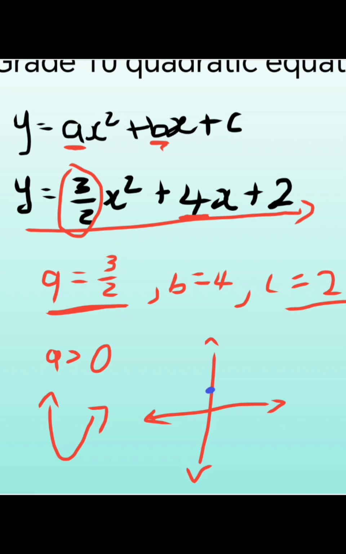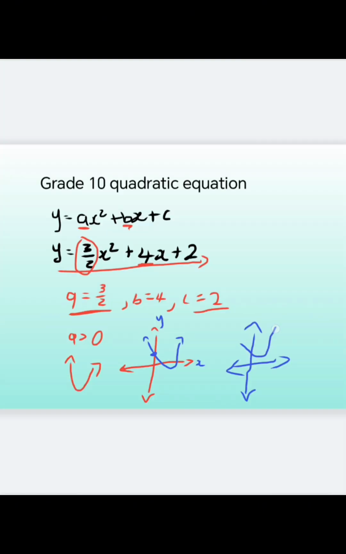It is where our graph cuts the y-axis. You see this is our y-axis and this is our x-axis. So it must be shaped like this, or maybe like this. We don't know whether it's down here or up here. We're going to plot the graph now.